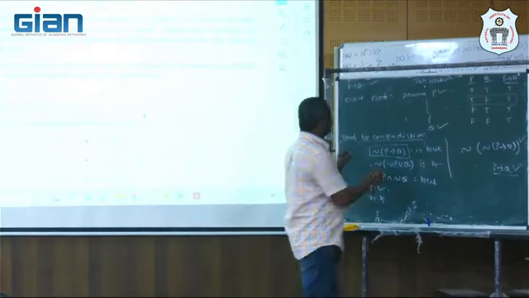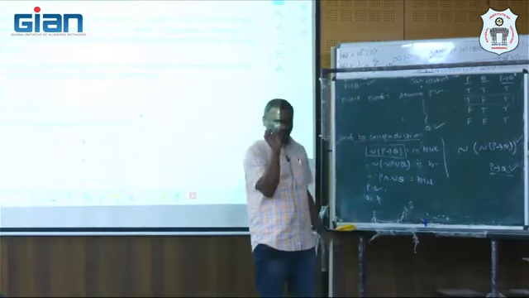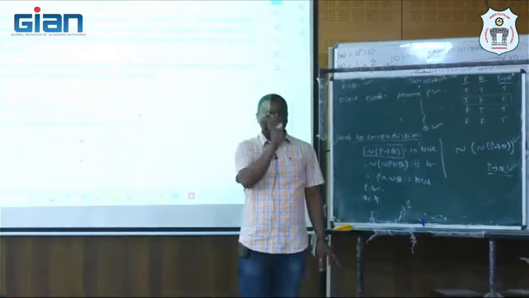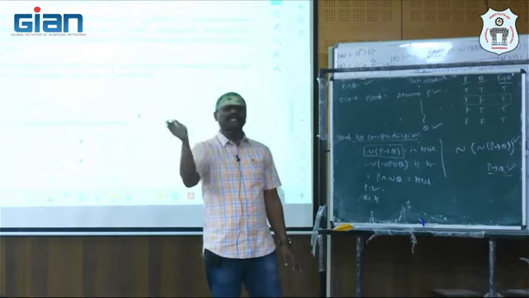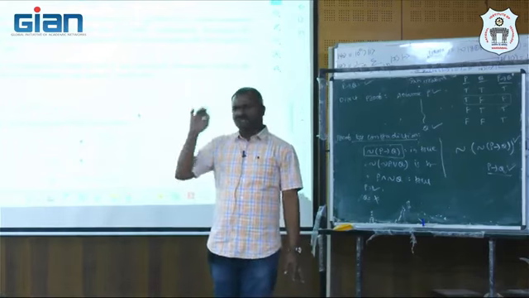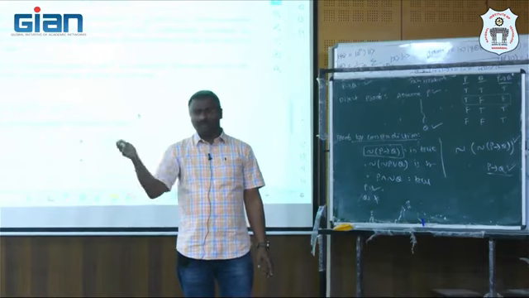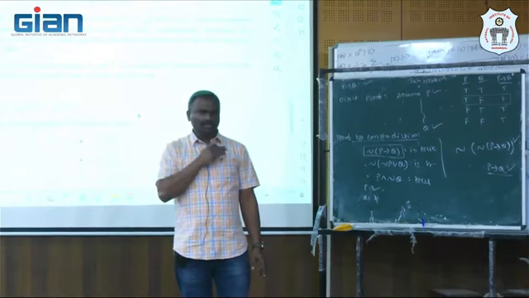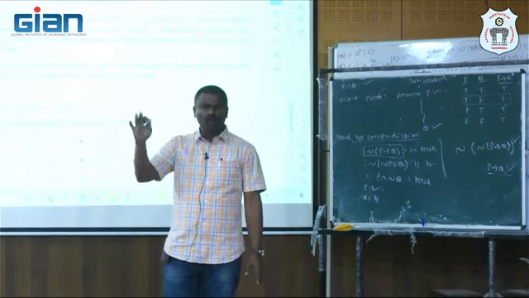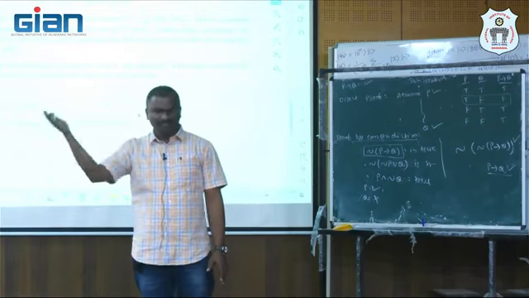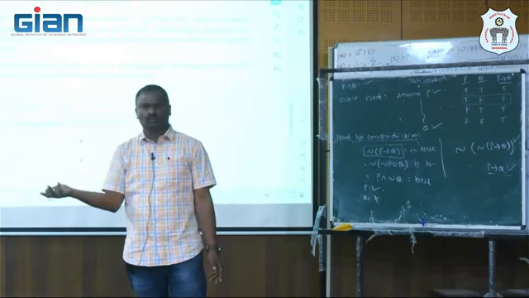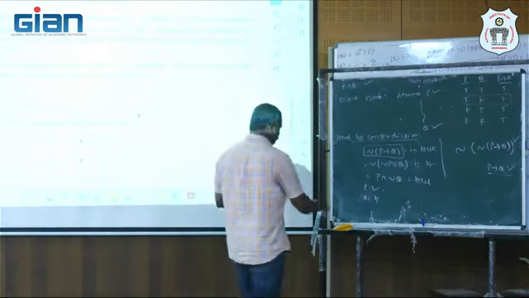In contradiction, if it is only a statement P, you directly take the negation of P as true, then arrive at some contradiction. Then conclude that whatever we assumed, negation P is true, is not correct. The negation of negation P is correct, which is nothing but P is true. Okay. Now we are going to use that.